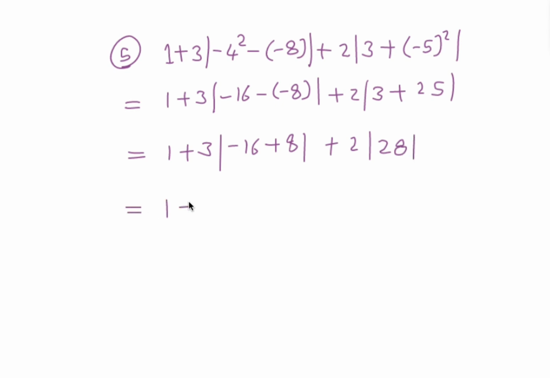Okay, 1 plus 3 minus 16 plus 8 is minus 8, and plus 2 here, this absolute value 28 is 28, so we can write it in a normal small parenthesis.